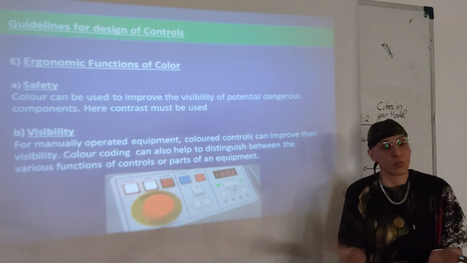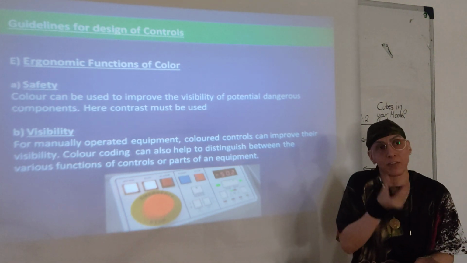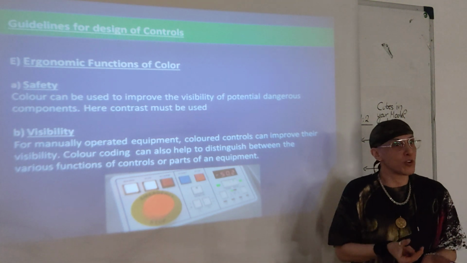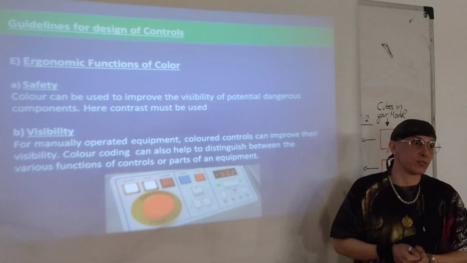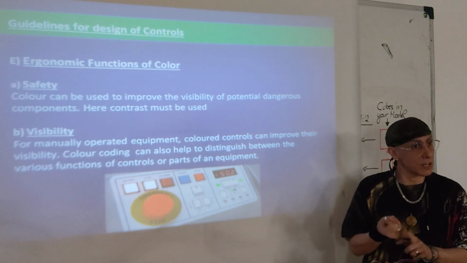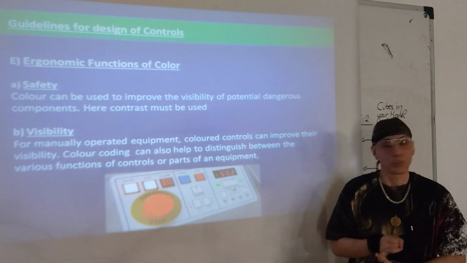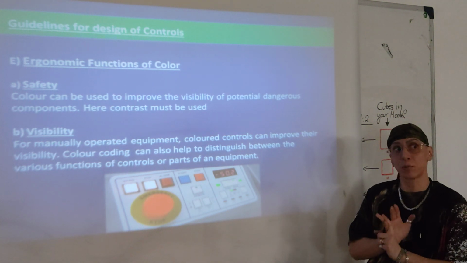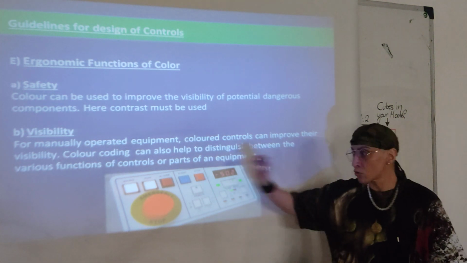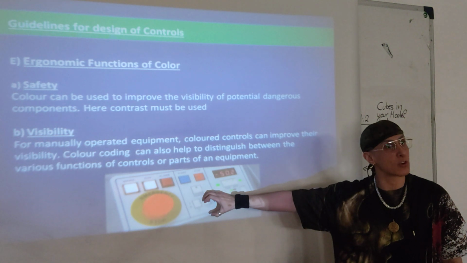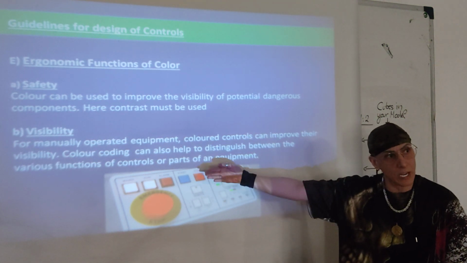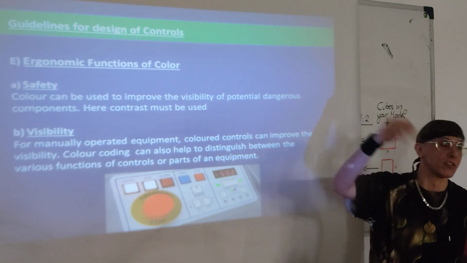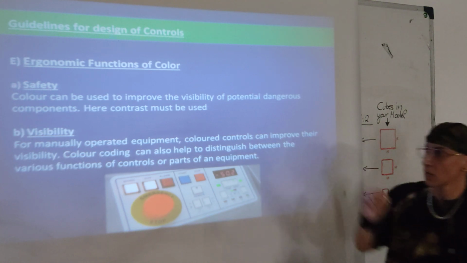So the color is one element that's very important. If you go back to the elements of design, color is one of them. Okay? So we have shape, we have all kinds of things, and we have color. Color very important. Okay? So you can choose the correct shape, you can place it in the correct place, but if you choose the wrong color, it will give the wrong message.